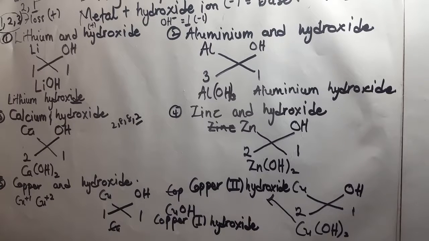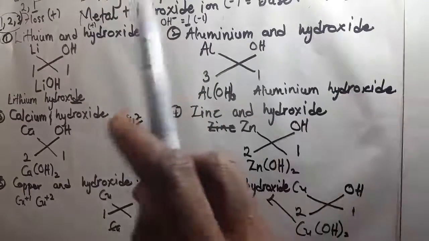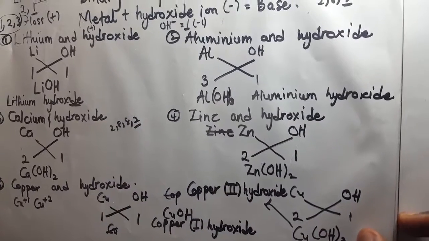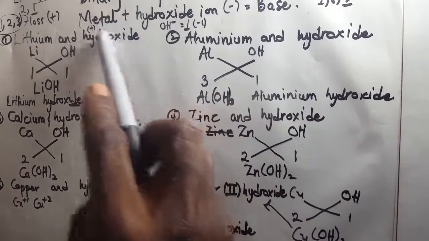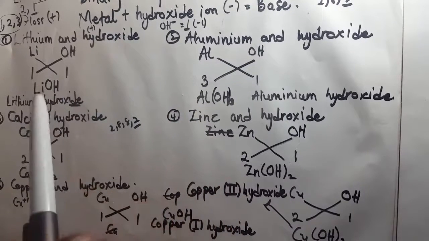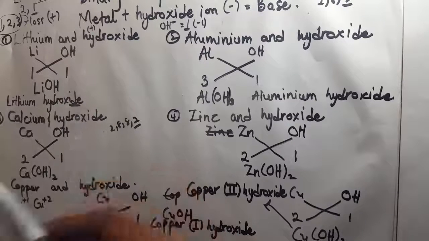So when you are dealing with any element which has more than one charge, you know what to do. Now, let me just go over again. I said with binary compounds, which are bases, you have a metal and then a hydroxide ion. Then you get a base. Most metals have positive charges, so you definitely know that they are cations.